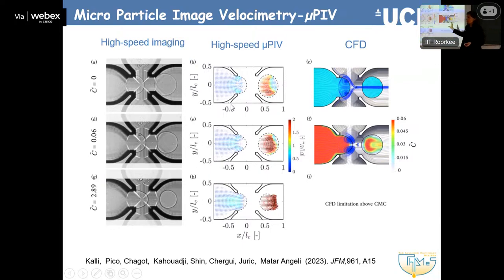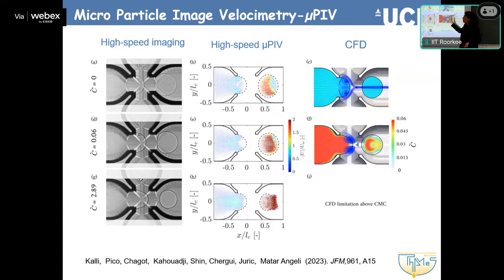Mentioning comparisons, these are some CFD results, and this is the difference of techniques applied to the droplet formation. This is the imaging, this is the PIV results, and you can see how the surfactant concentration, this is C over CMC, affects these profiles, not just while you're developing the drop, but also when it's actually formed.